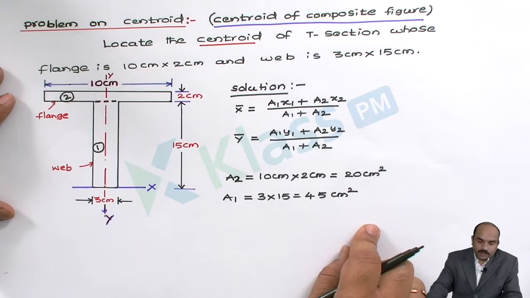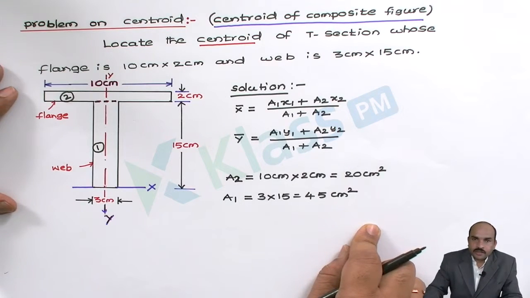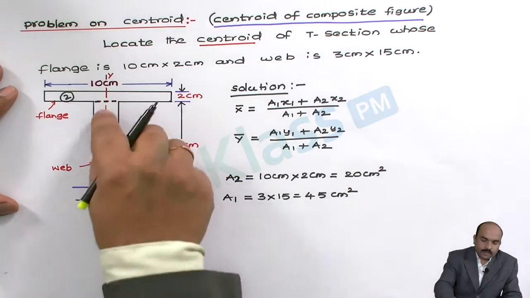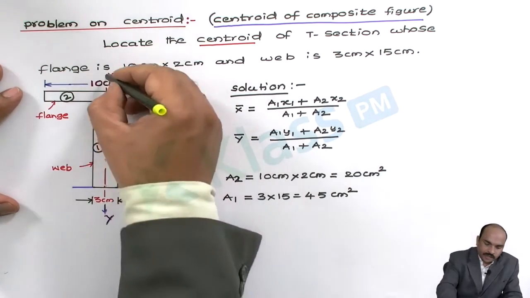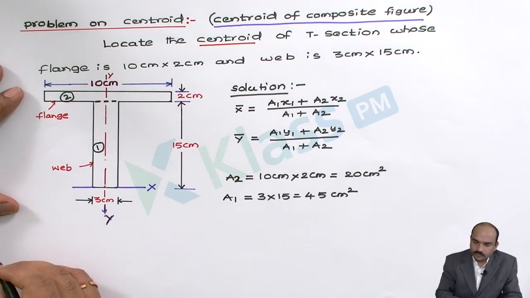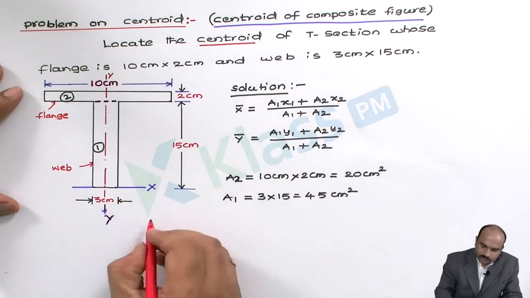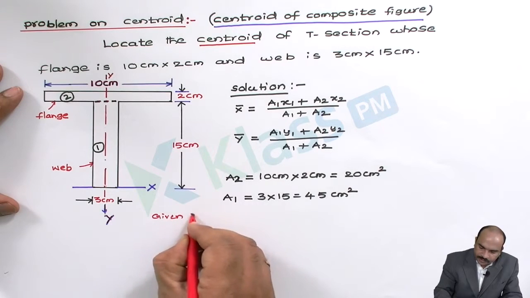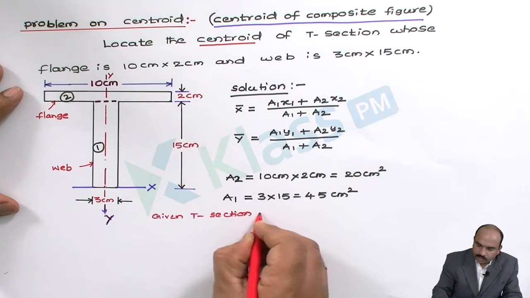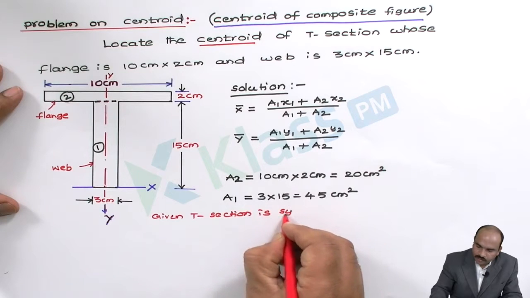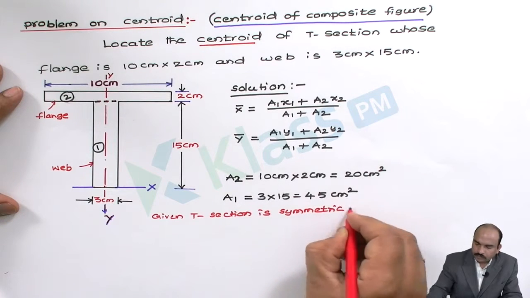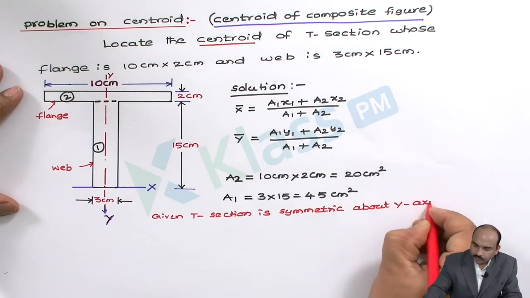Now whenever a centroid problem is given, first we have to check for symmetry. If it is symmetric about the x-axis or about the y-axis, then the x bar, y bar values will be different. The given T section is symmetric about the y-axis.